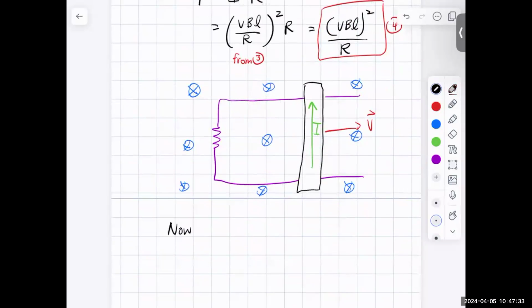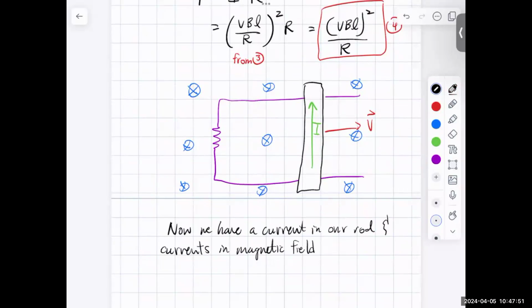Now we have a current in our rod, and currents in magnetic fields experience a force.